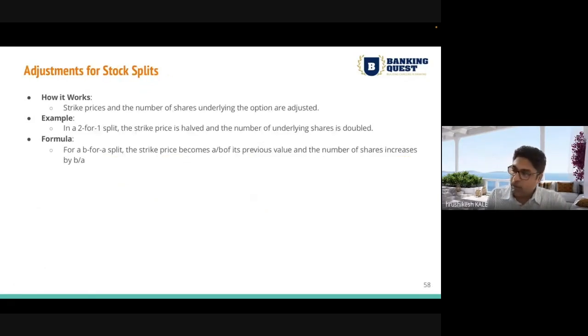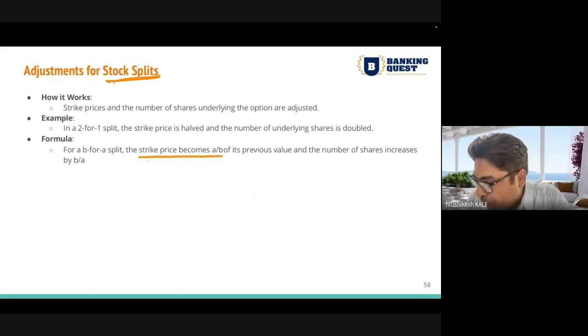But that is only for cash dividends. When it is a stock split, always remember the strike price becomes half. So if it is 2 for 1, then the strike price is half and the number of underlying shares is doubled.